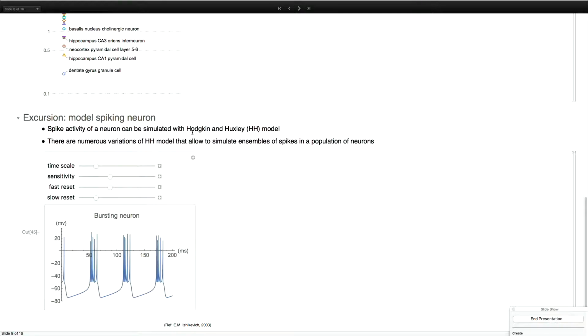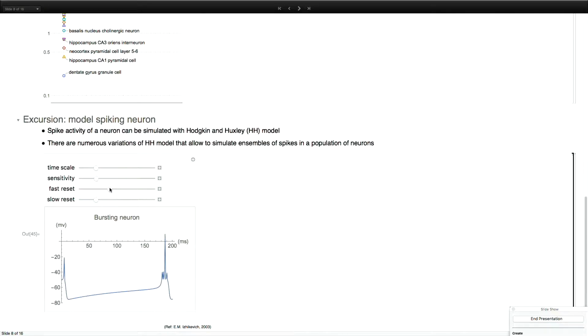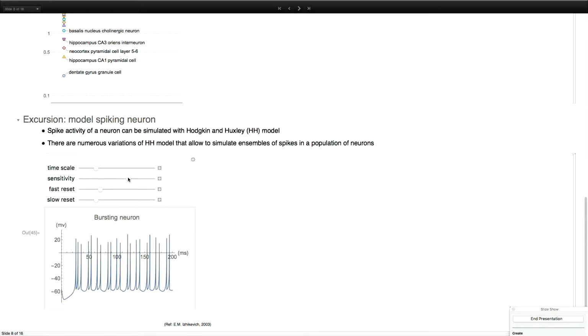There are a number of variations of Hodgkin-Huxley models, and some allow us to simulate the propagation of spike activities from a population of neurons. And we can easily change the parameters to find the best-fit model for biologically plausible spiking neurons.